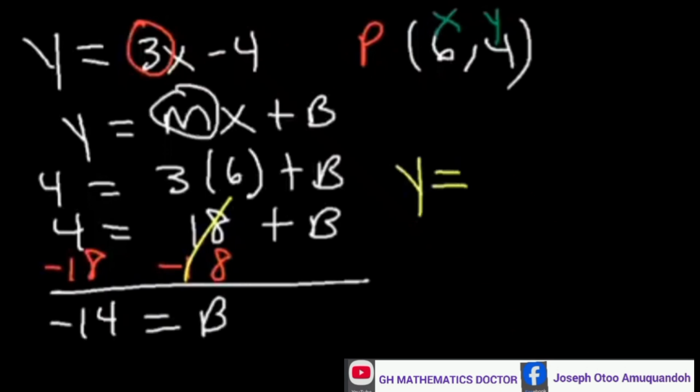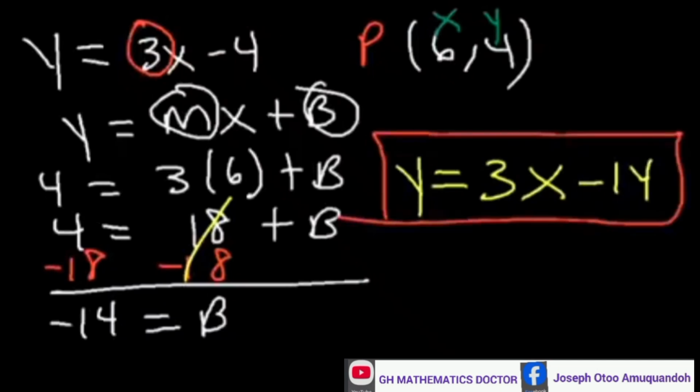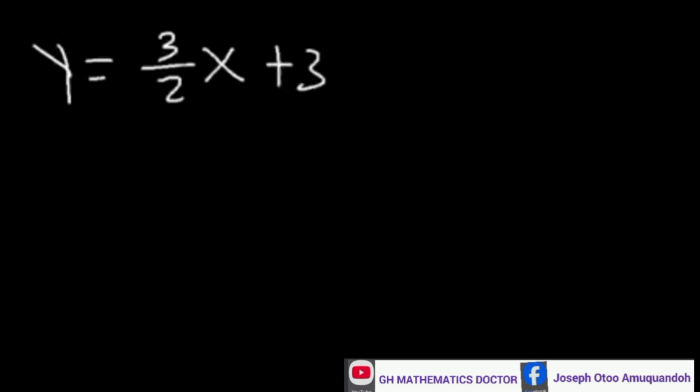So we substitute b equals negative 14 and the slope 3 into the slope equation. And this gives us the equation of the line parallel to that given line. So the slopes are equal, okay?